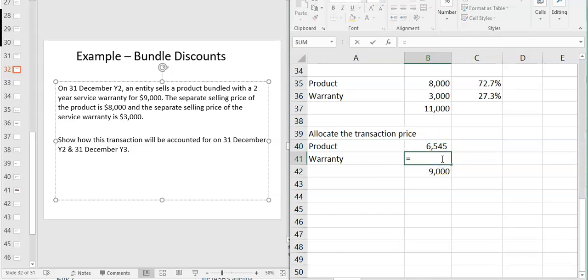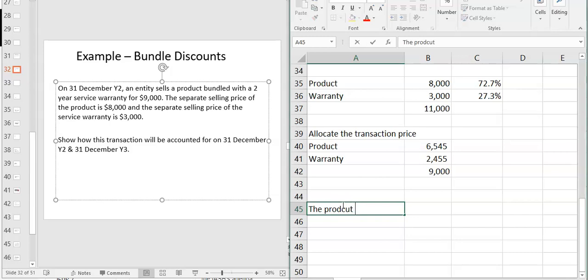The warranty is going to be worth 9,000 times 27.3%, which is 2,454. And those added together get you to your 9,000. So what we've done there is we've taken the standalone prices, used those as the basis to get what proportion each of them are in the bundle, and allocated that to the 9,000.